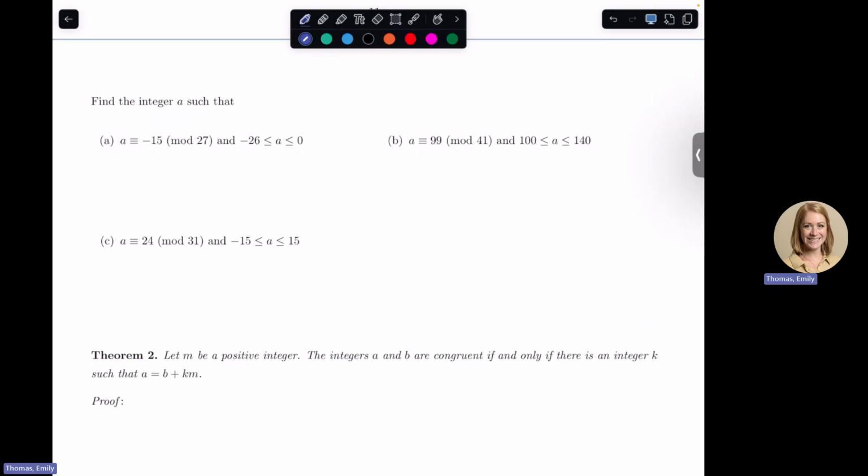All right, so we want to find an integer A such that A is congruent to negative 15 mod 27, and A is between negative 26 and 0, sorry about that.